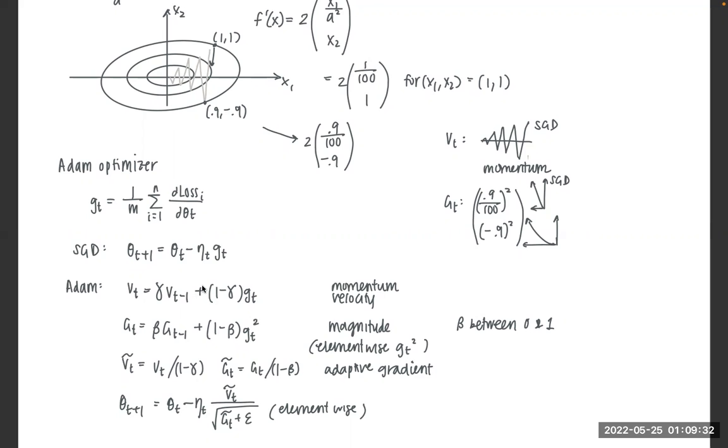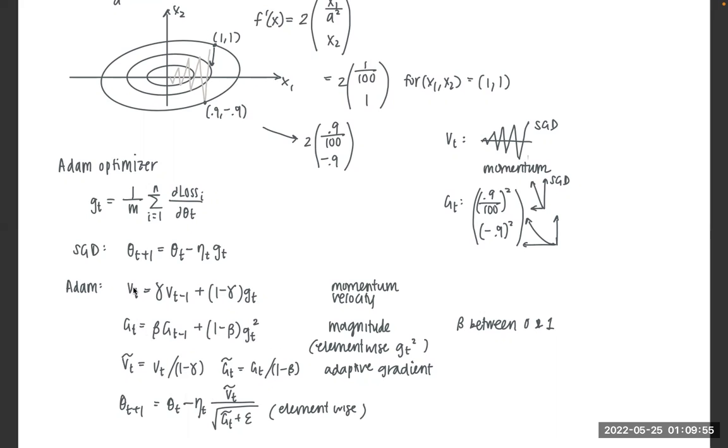When we do this operation, the squaring or the division here, it's always done element-wise. Suppose we have 1 million parameters, we do this for each of the 1 million parameters. So it's element-wise: we compute the square for each element, and we sum them also for each element.